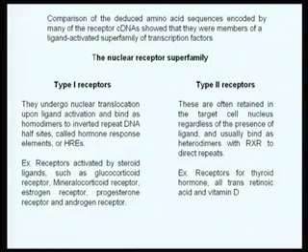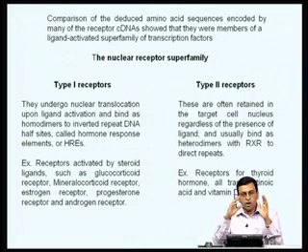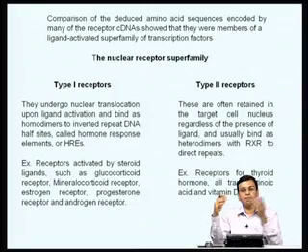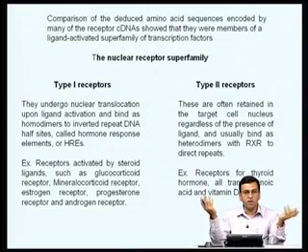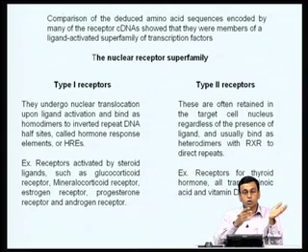Now, once all these receptors were cloned, it also became clear that the structure of the steroid hormone receptors bore homology to other non-steroidal receptors. For example, thyroid hormone is not a steroid hormone, but the receptor for thyroid hormone was very homologous to that of a glucocorticoid receptor or an estrogen receptor.